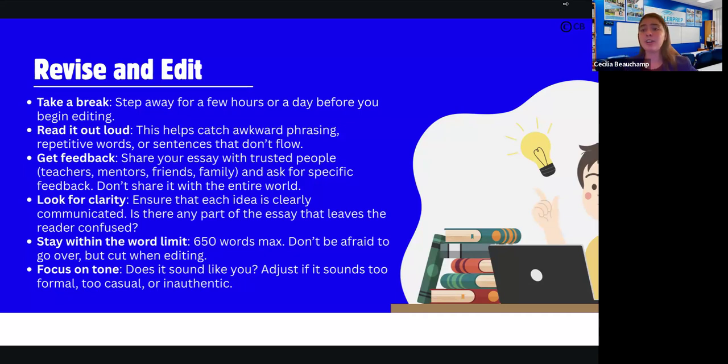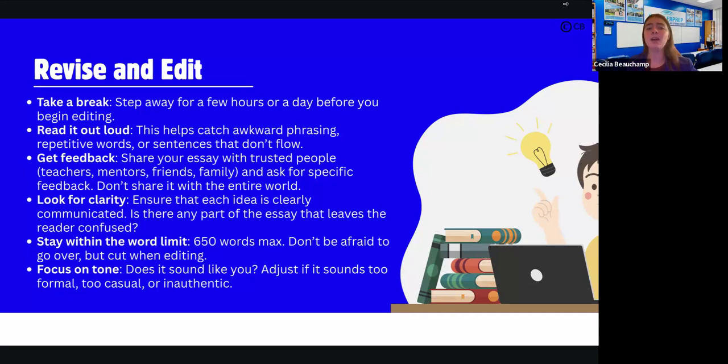A big thing about sharing your essay is you want multiple eyes on it, because you want different perspectives to see how people interact with it. And you want to be able to personally accept the feedback they're giving you. So if you feel like you would be uncomfortable receiving feedback from a teacher, don't get it from that teacher. Don't show that teacher your essay.